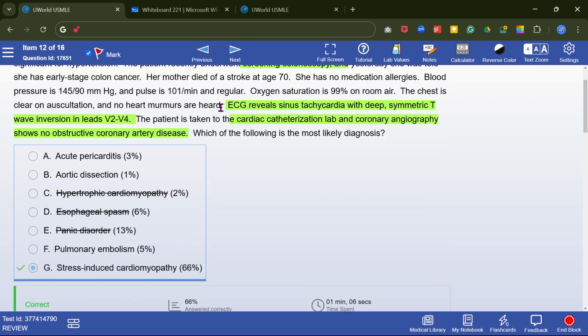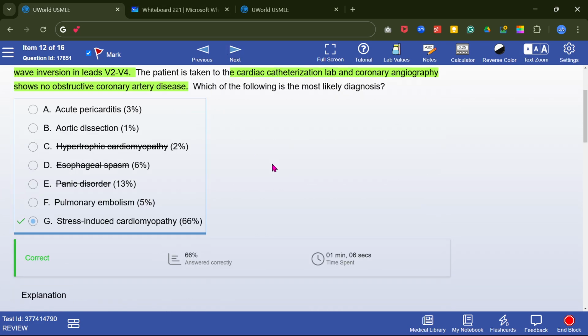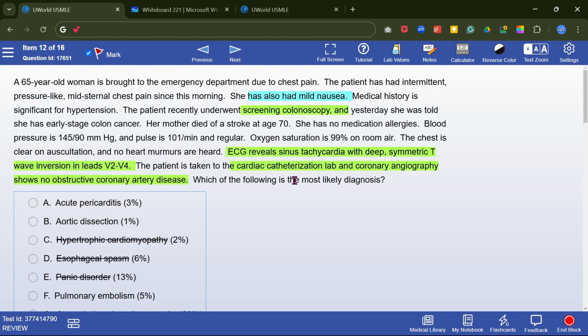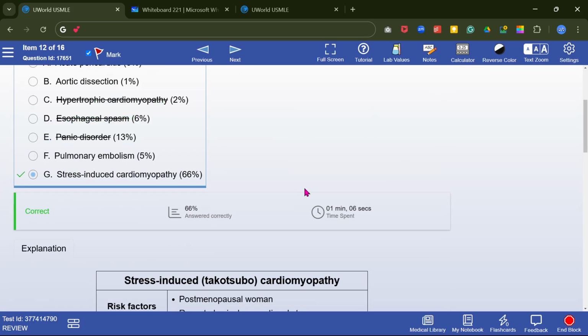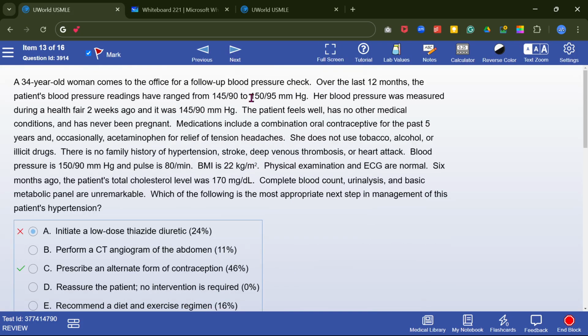Next, a stress-induced ECG. She has undergone colonoscopy. After colonoscopy, the ECG shows sinus tachycardia with deep symmetric T-wave inversion in V2 to V4. Next, this patient should have an alternate form of contraceptive.